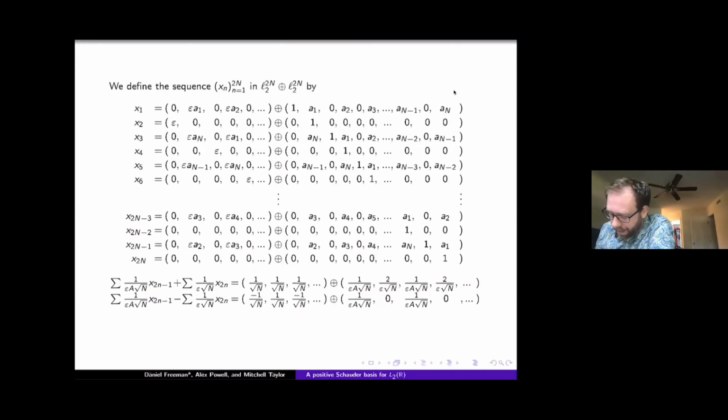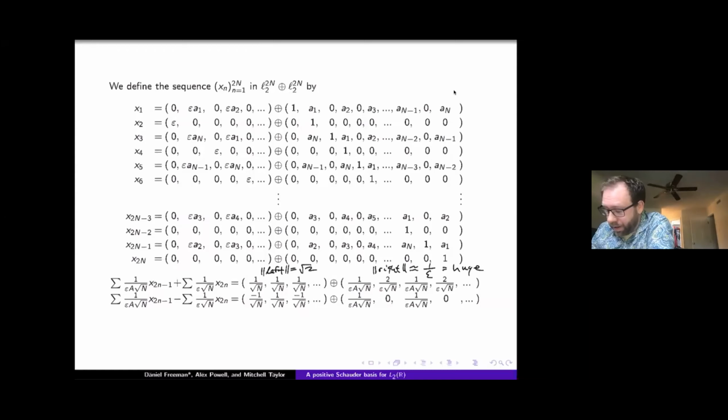So the norm on the left, because there's 2 capital N coordinates, will have norm root 2. On the right, the norm's going to be about 1 over epsilon, which is huge.